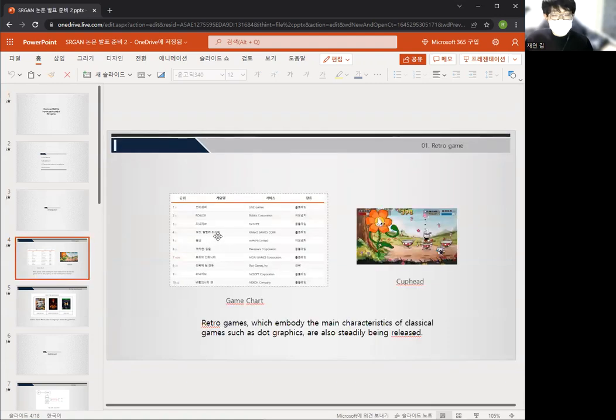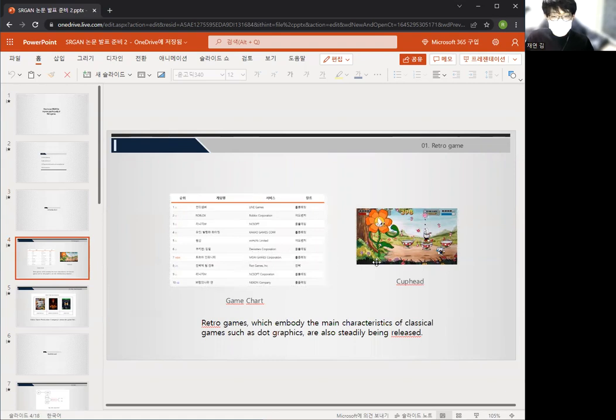As you can see on this chart, many 3D games are being produced with the development of 3D technology. However, there is still a demand for classical games.